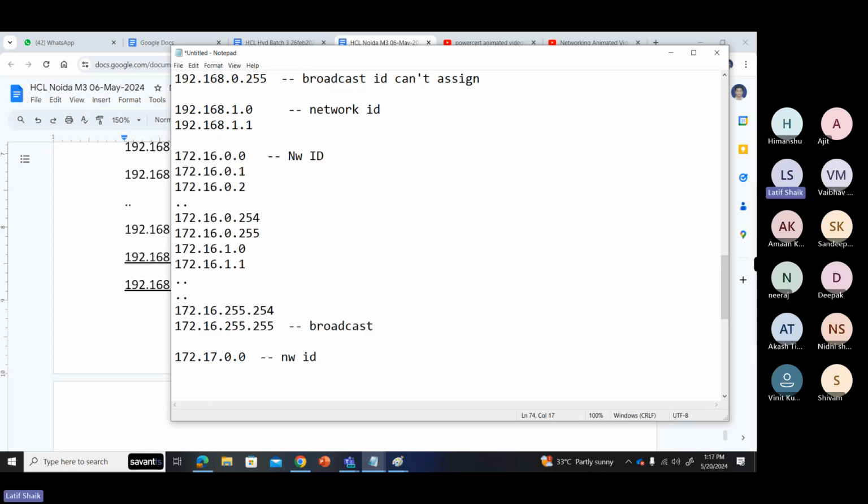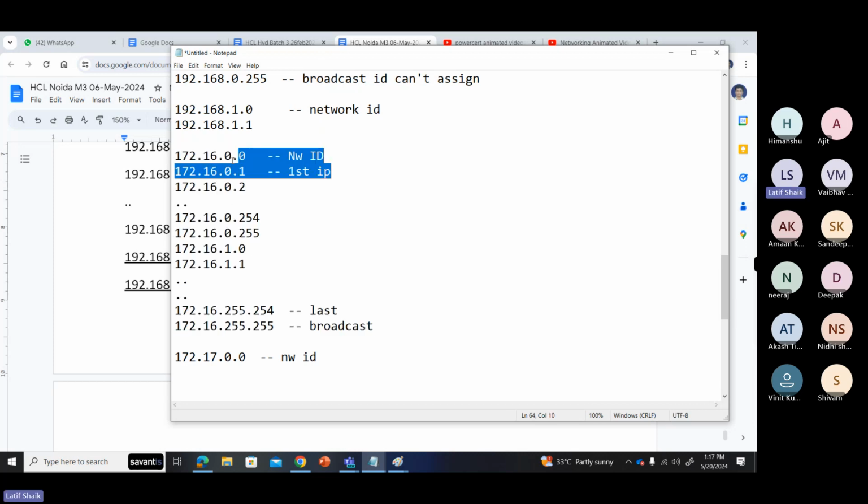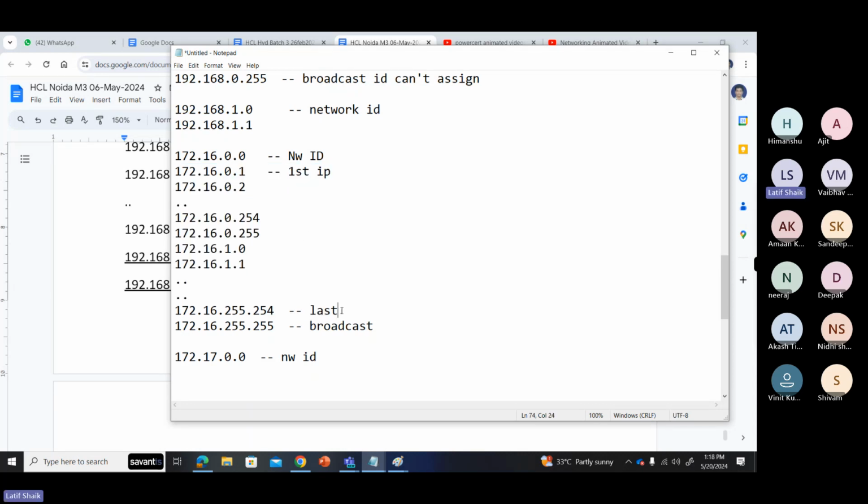This is our first valid IP. This is the last valid IP. In this entire network we can assign all of these to hosts. The total number of IP addresses from here to here, if you write everything one by one, is 65,534 IP addresses.